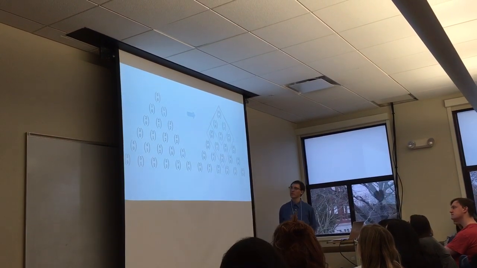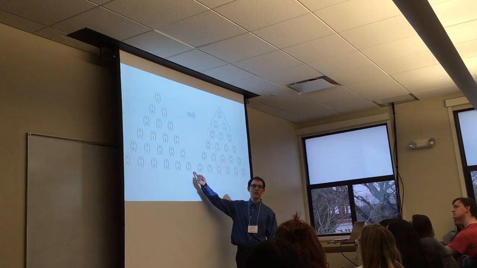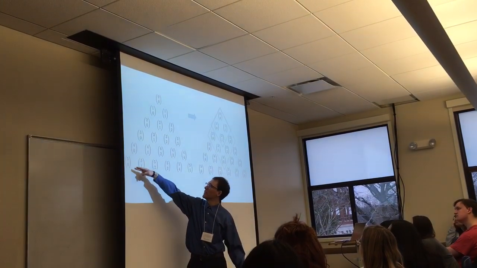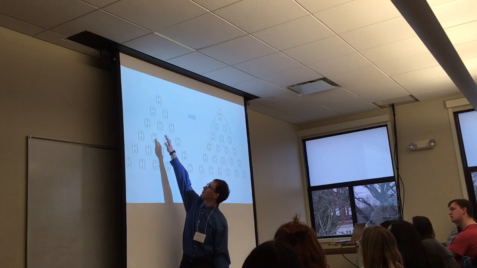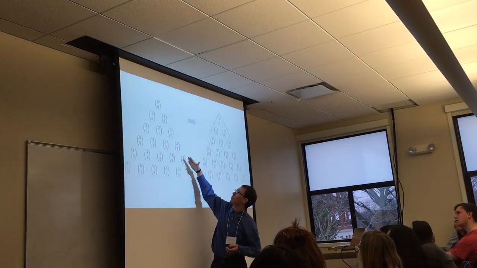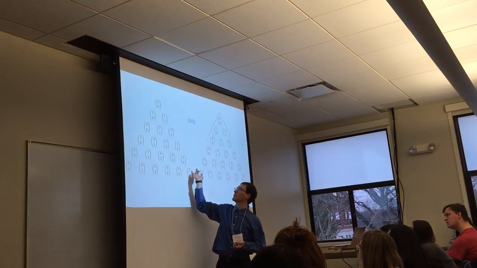So on the left here, this is actually Pascal's triangle. All of these, for example, are all 1s, and this corresponds to the left edge of the grid, and this corresponds to the top edge of the grid. These are also all 1s.